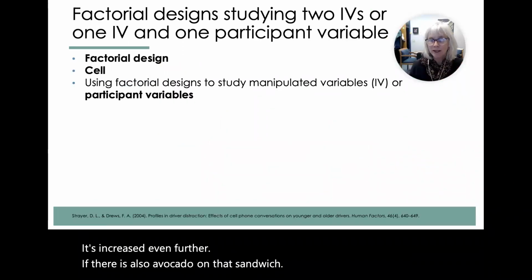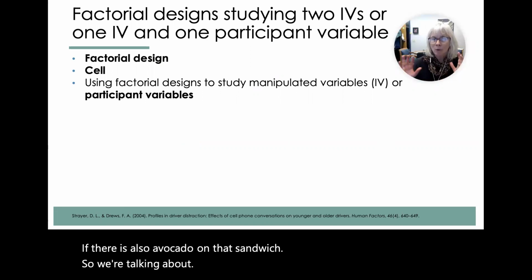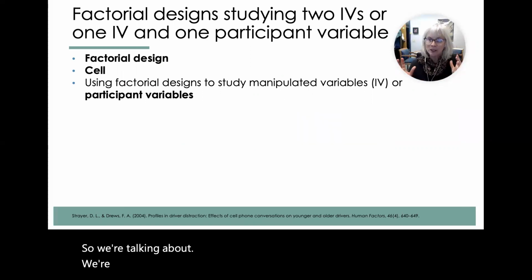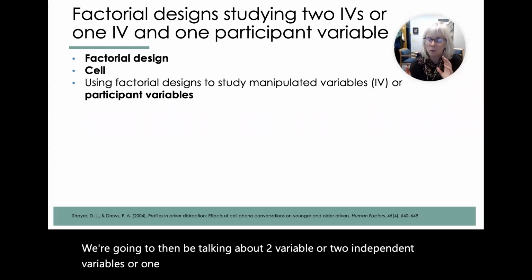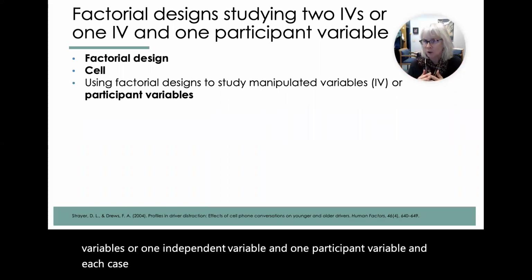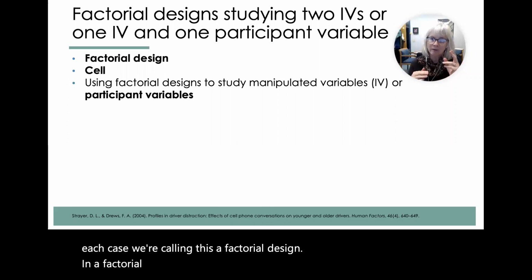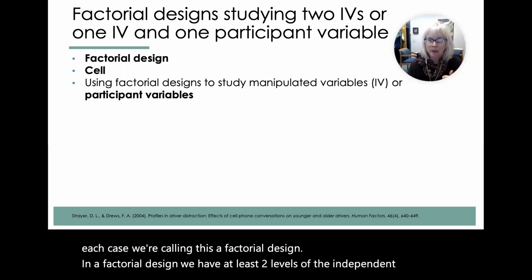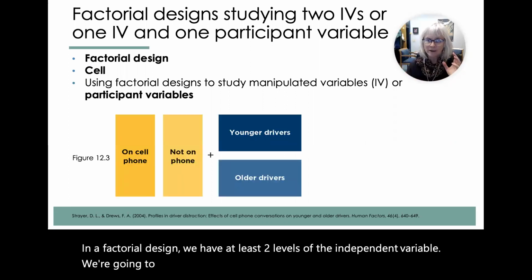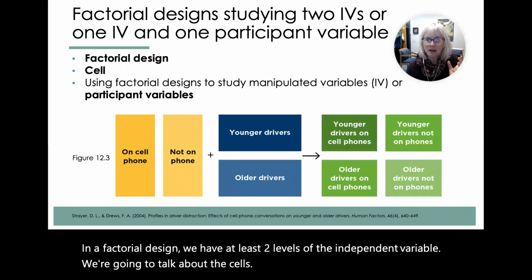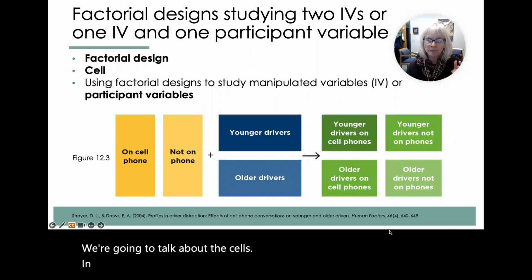So we're going to be talking about two independent variables, or one independent variable and one participant variable. In each case, we're calling this a factorial design. In a factorial design, we have at least two levels of the independent variable. We're going to talk about the cells in our variable.